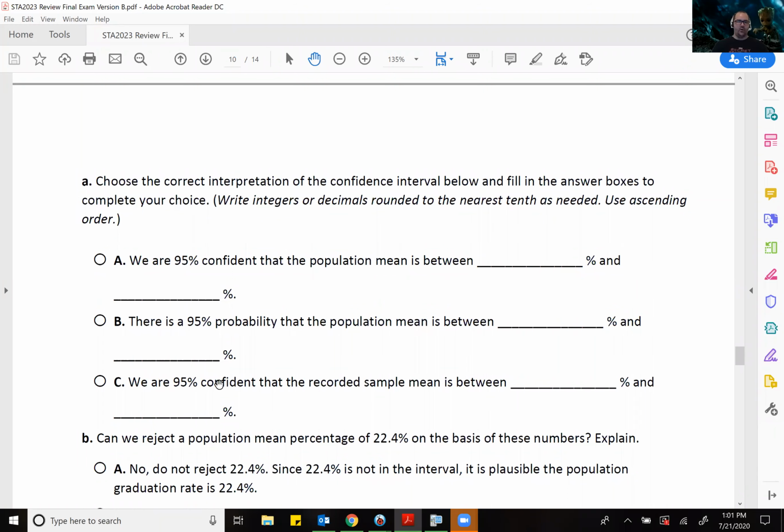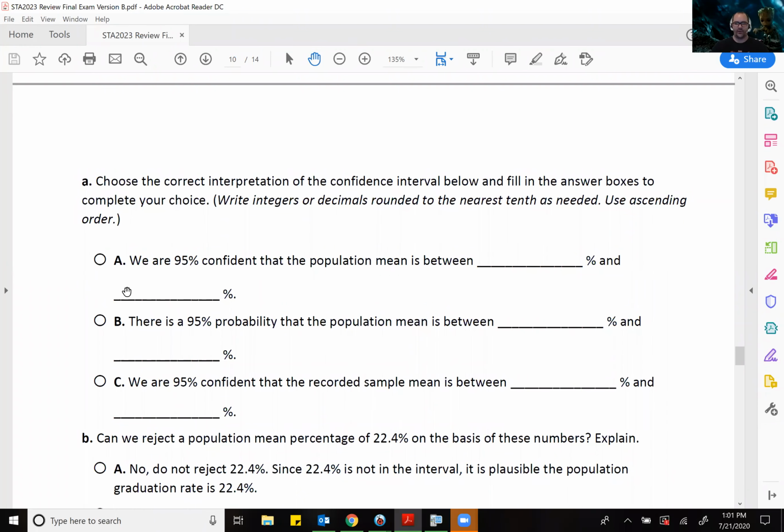Now we just got to make sure that we know which one. So again, this is all about confidence, okay, not probability. So we know that it is not B, okay? Confidence interval is not about probability, okay? It's how confident we are in our process. So, and this is all about finding the population mean.